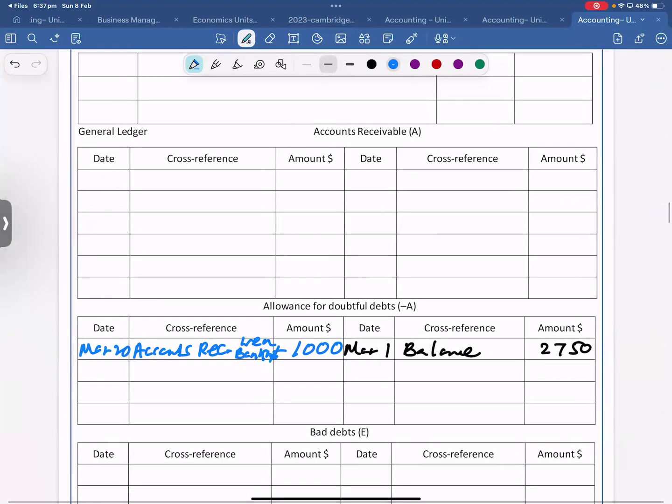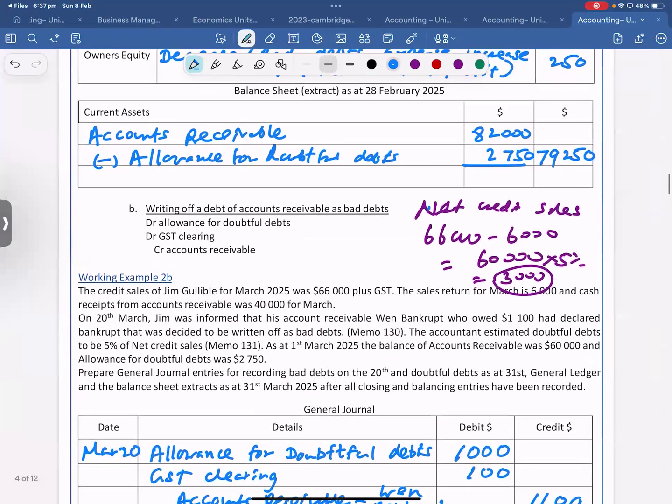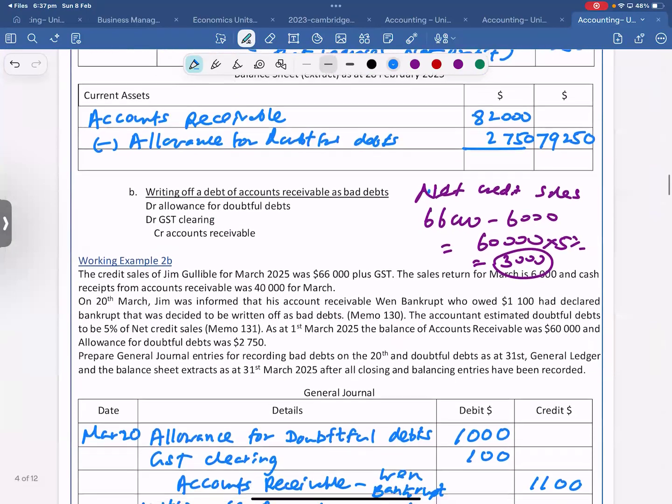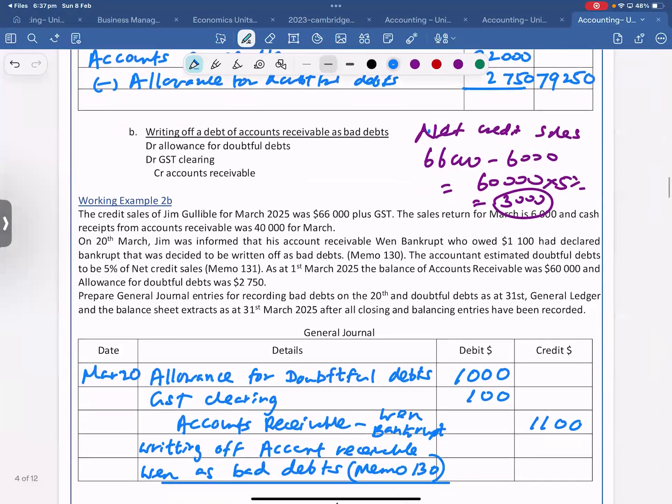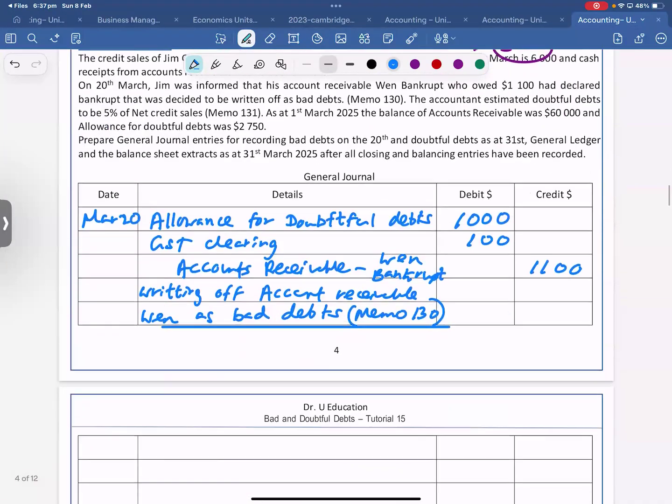And if you want, we can do the accounts receivable ledger account. Accounts receivable, how much was it, guys? Opening balance 60,000.